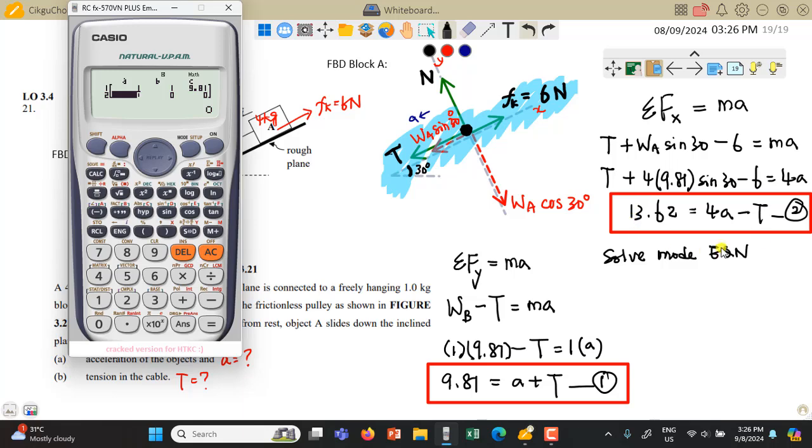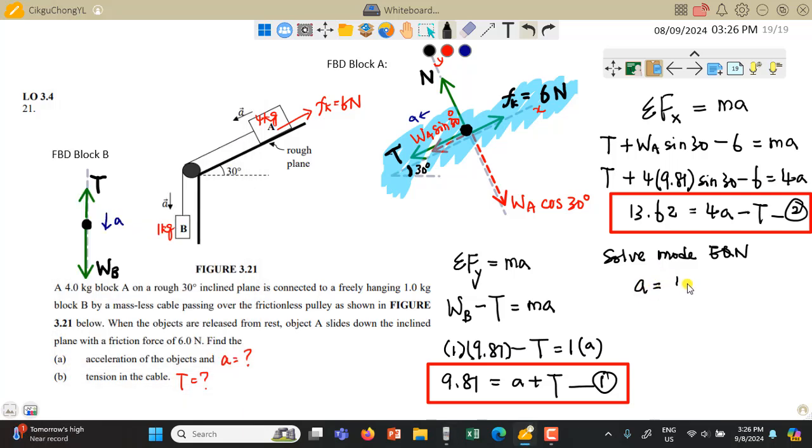Then for the second equation, the number in front of the first unknown is 4, then the number in front of the second unknown is negative 1, then the number for c will be 13.62. So I'll get my first unknown, the acceleration, which will be 4.686. So I note it down, a will be 4.686 meters per second squared.